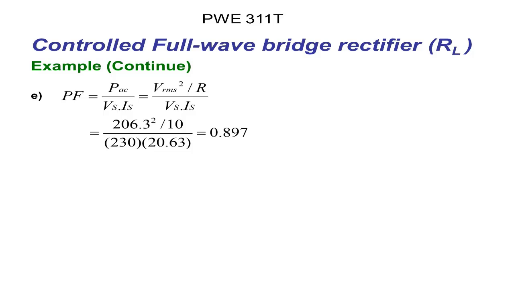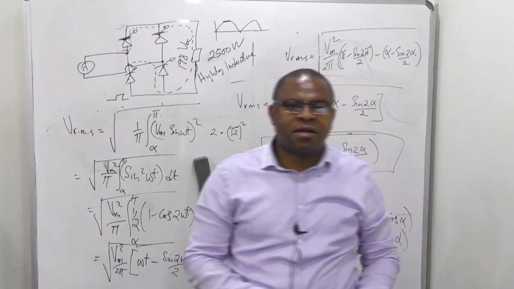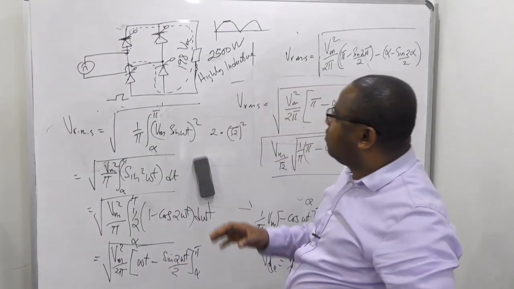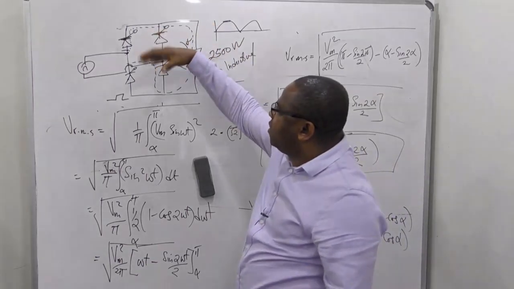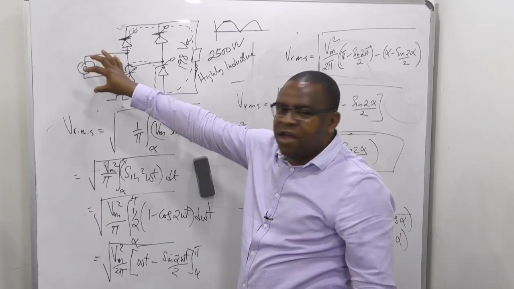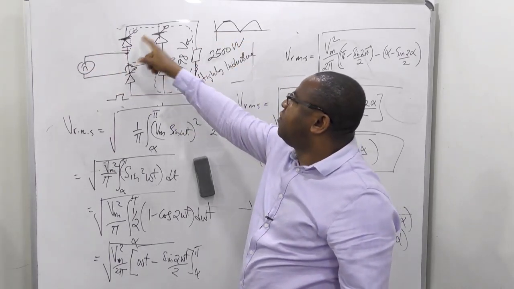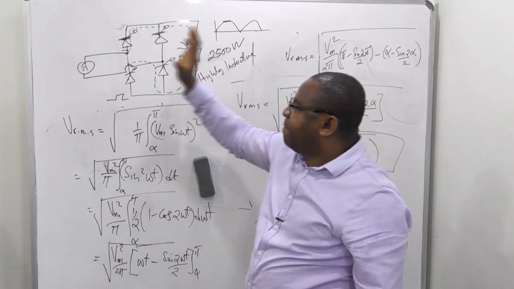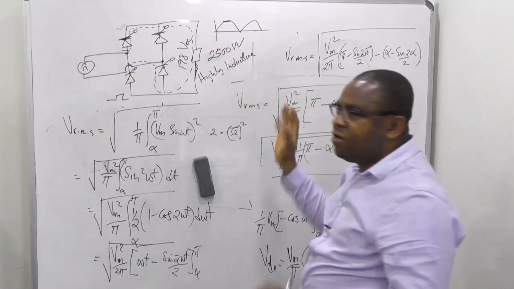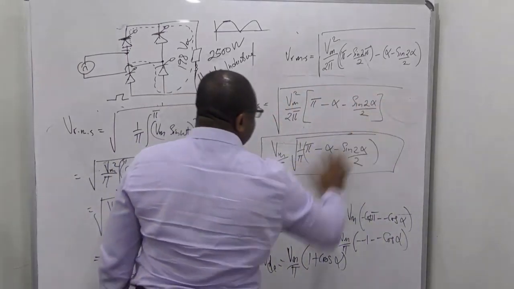You can now see the difference between controlled and uncontrolled rectifier. For uncontrolled, this VS here is the VRMS here. But once you have controlled, the VS here and the VRMS are not the same, because the VRMS will use this equation.